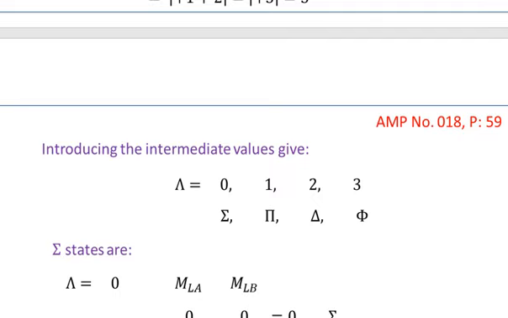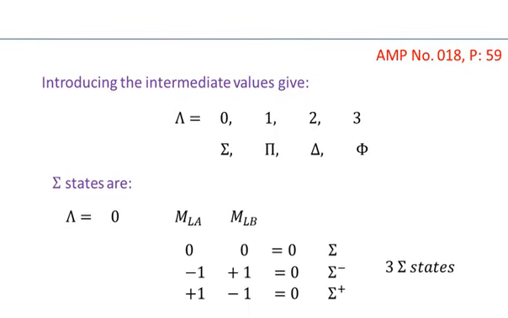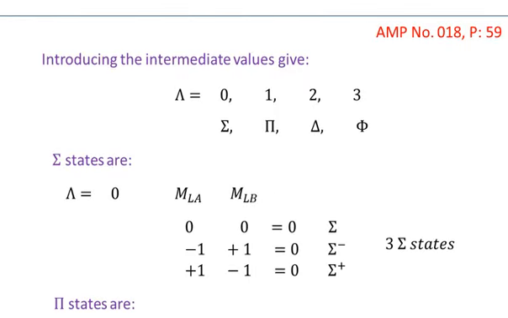Now let's talk about the sigma state. The sigma state will be possible when lambda is equal to 0. And you know that lambda equal to 0 will be formed when ML_A is equal to 0 and 0, 0 plus 0 is equal to 0. So this is a sigma state. Minus 1 plus 1 will give you 0. This sigma state is referred to as sigma minus.